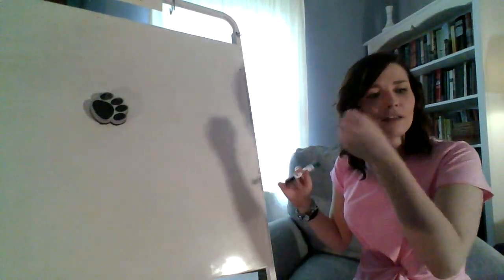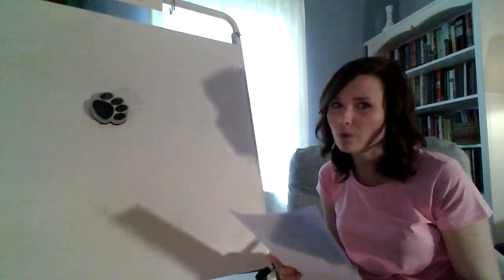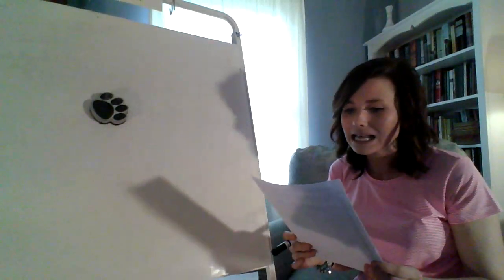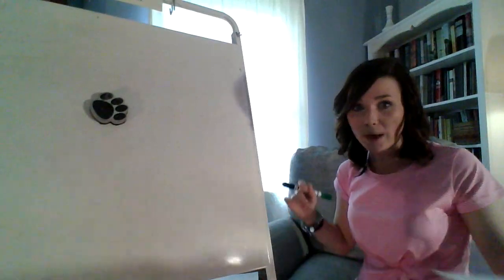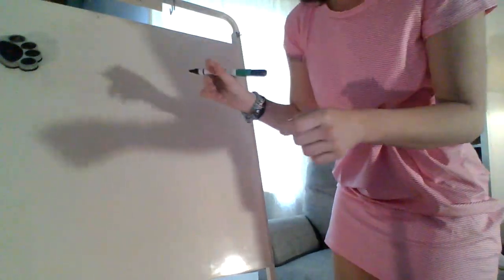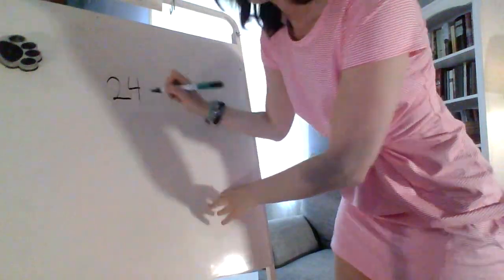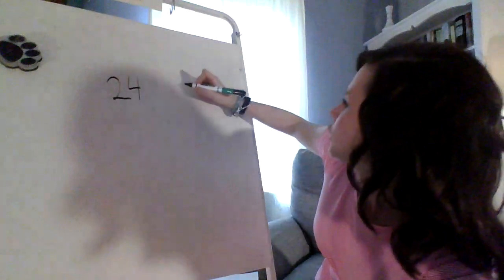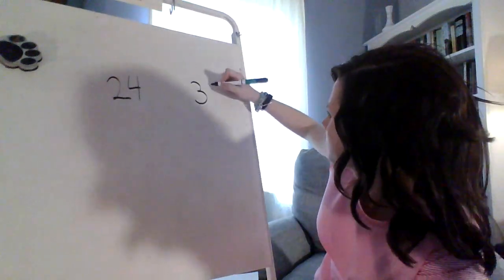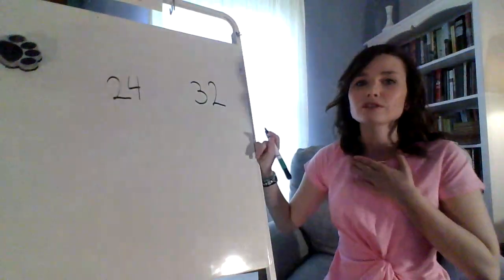Okay, on the first page, it says, color the chick with the greater number. Write the number sentence. Okay, so we have two chicks. One chick is 24. The other chick is 32. I'm going to circle the greater number.